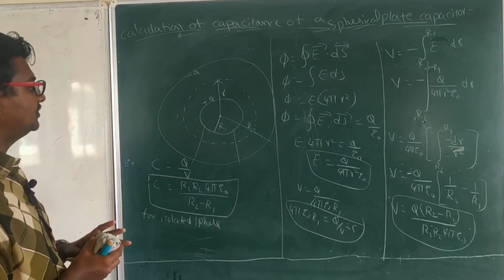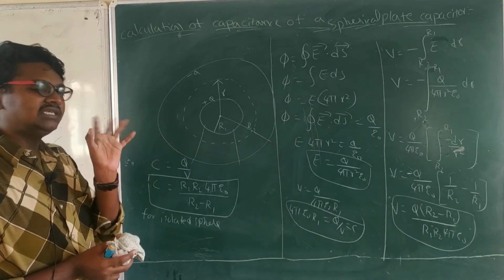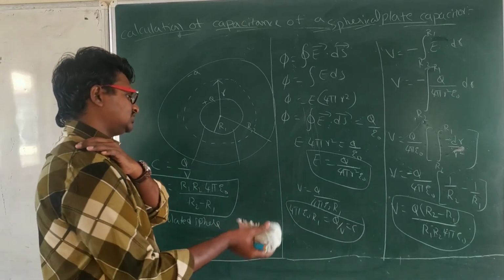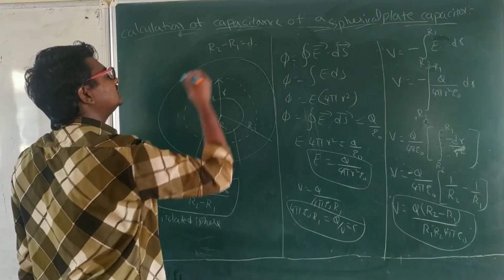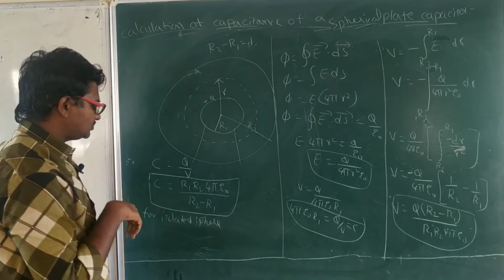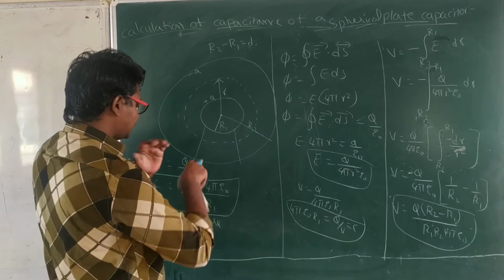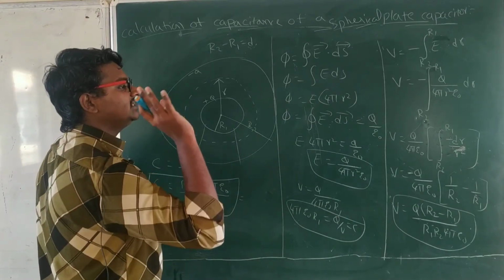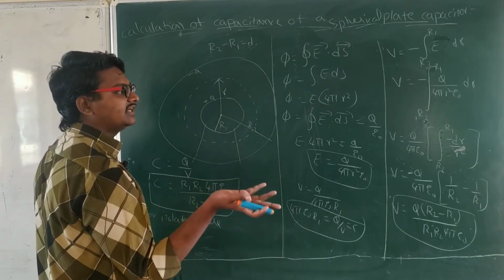In that situation R1 and R2 should be nearly the same, and R2 minus R1 is equal to d. We can rearrange this formula. R1 and R2 are very big.